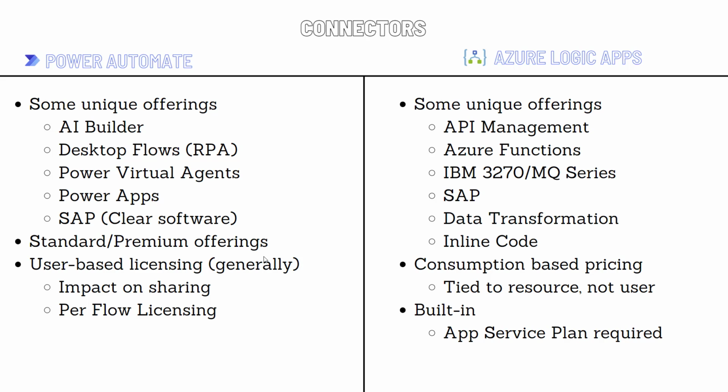Now, when we think about Power Automate, connectors are generally grouped into two different offerings: standard connectors and premium connectors. Generally, and I use the term loosely, these do come back to user-based licensing.